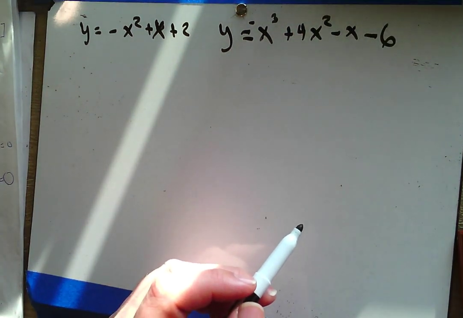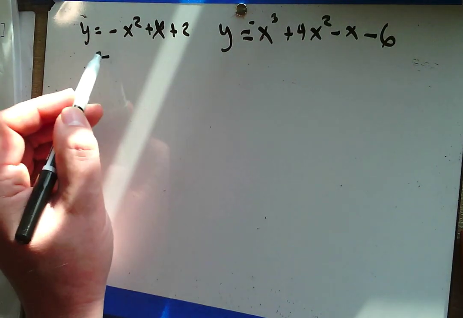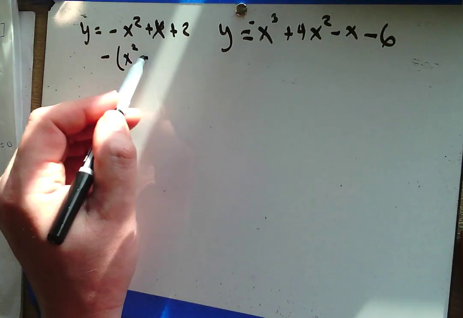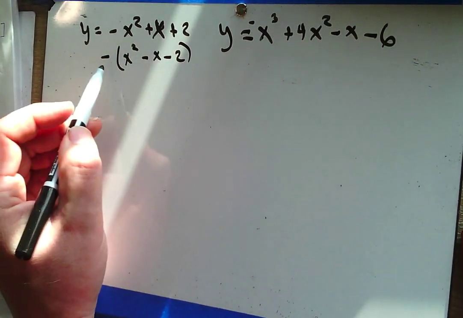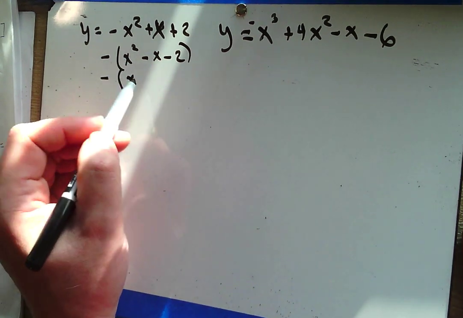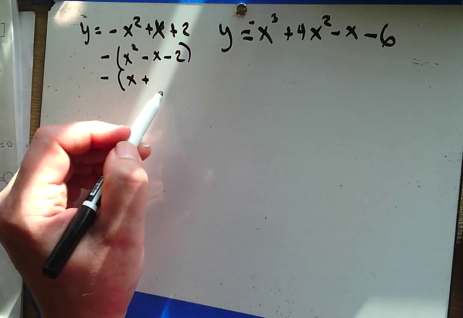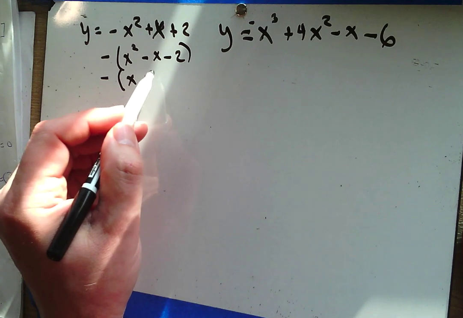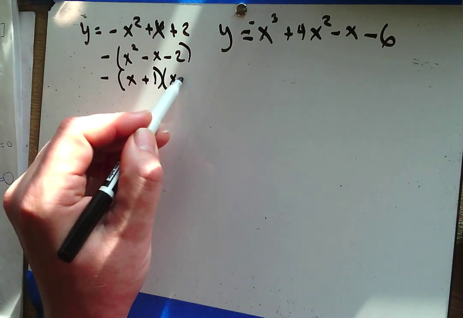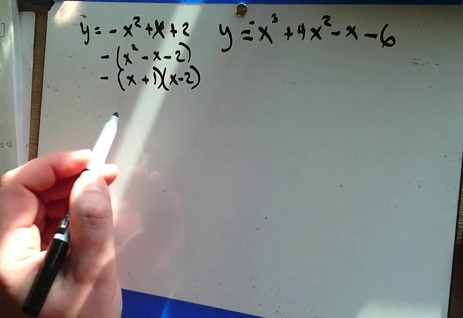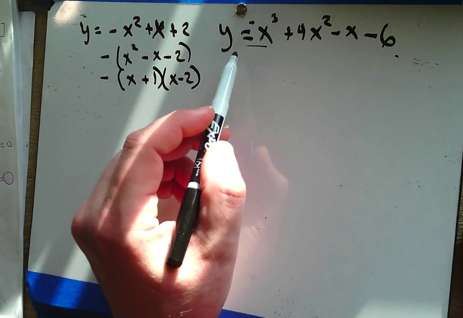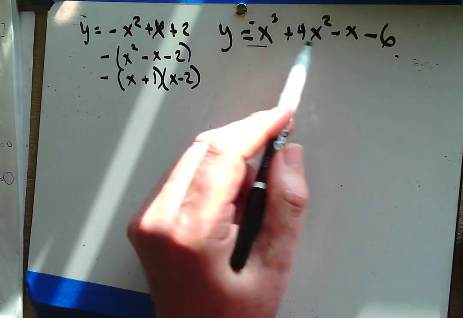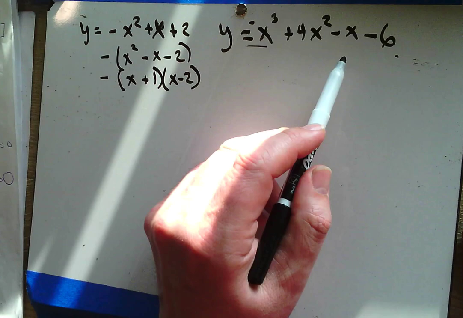And, you know, I feel comfortable factoring x squared minus x minus 2 as x plus 1, x minus 2. But what about this one? That's not going to factor with grouping.